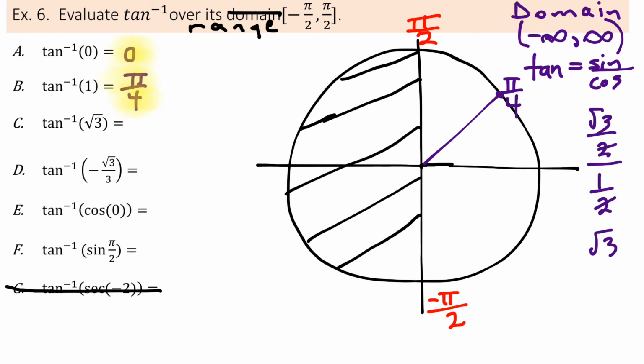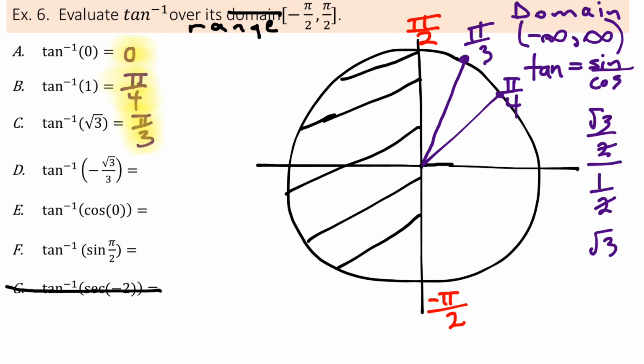So we need the angle whose sine is root 3 over 2 and whose cosine is 1/2, and both are positive, because in this quadrant the only other option would be positive and negative. So we need the angle in the first quadrant who has a sine of root 3 over 2 and a cosine of 1/2. If you have your unit circle out, or if you don't have it memorized, that's this angle right here, pi over 3. So the answer to this one is pi over 3.